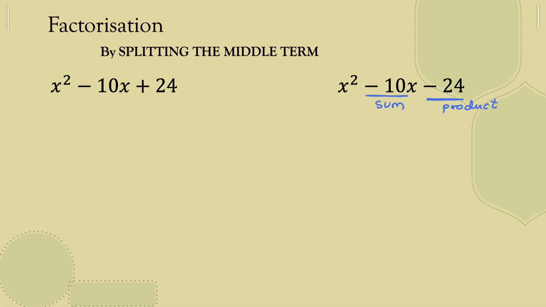Because sum is negative, the greater number will be negative. 1 into 24, 2 into 12, 3 into 8, 4 into 6 are the possible pairs of factors. You want one positive, one negative and the bigger number negative. Bigger number negative will go with this. Negative 12, positive 2 will give you the sum negative 10.